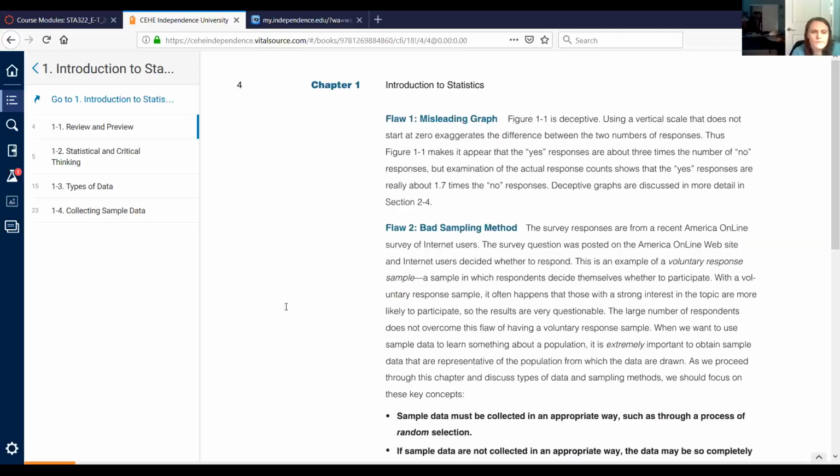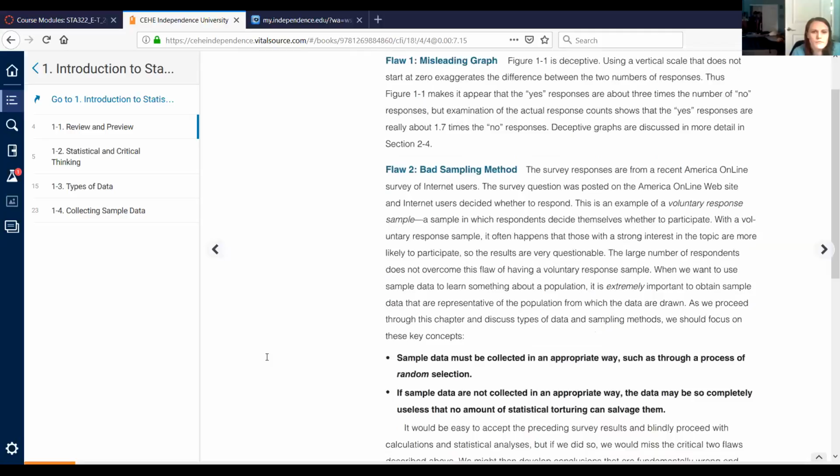Okay, and this also, we look at the sampling method. In this particular case, the sampling method was actually responses from an America Online survey of internet users. The survey was posted on their website, and the internet users decided whether or not to respond.